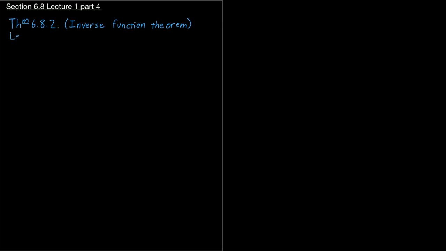So let X be an open subset of Rp, and we're going to take a function that goes from X to Rp. Remember, to be invertible and continuous, you really need to go from Rp to Rp.